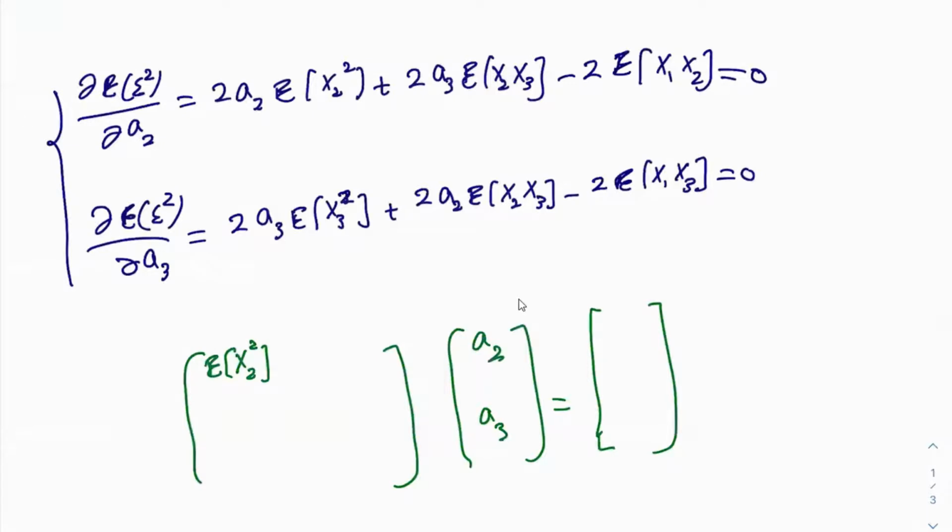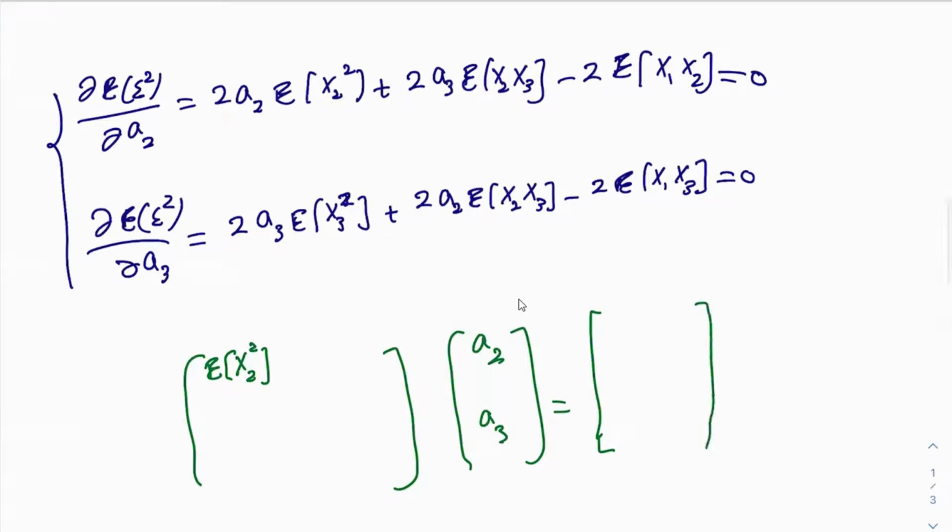Then first we're going to find the parameters that we have. So this one is going to be this side. I'm going to make it a little bigger. This is going to be this, and this is going to be expected value of x2, x3.